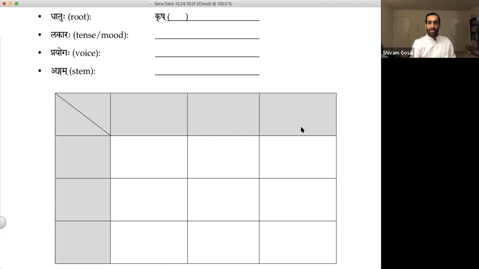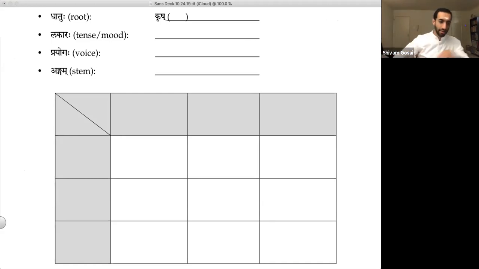Now we're going to continue with the next dhatu and just do more practice. So the next one is krish. Okay, so this is page 13 of your workbook. In page 13 of your workbook, you will get what I have on my screen.